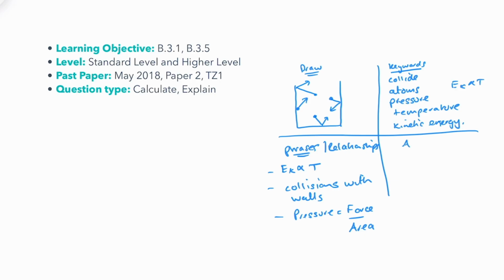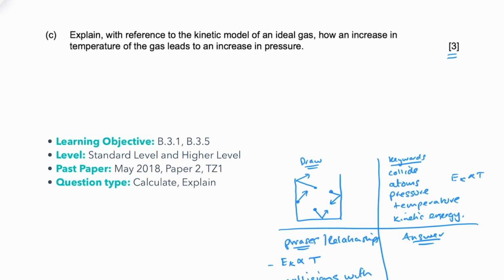And we're going to put our answer not in this fourth quadrant, but actually up here. So, explain with reference to the kinetic model of an ideal gas how an increase in temperature of the gas leads to an increase in pressure. Okay.